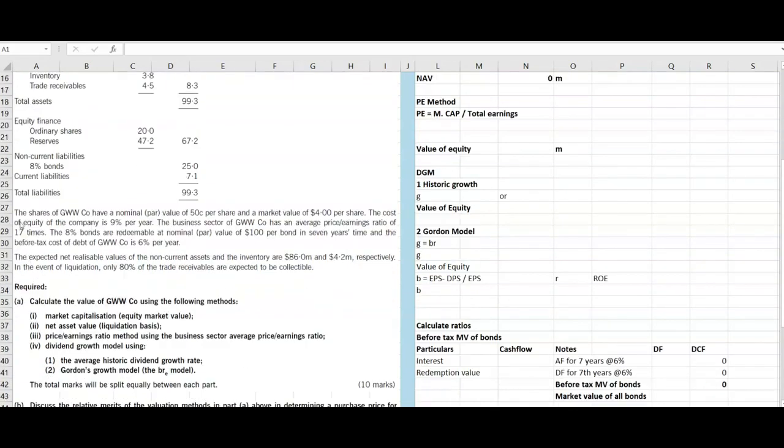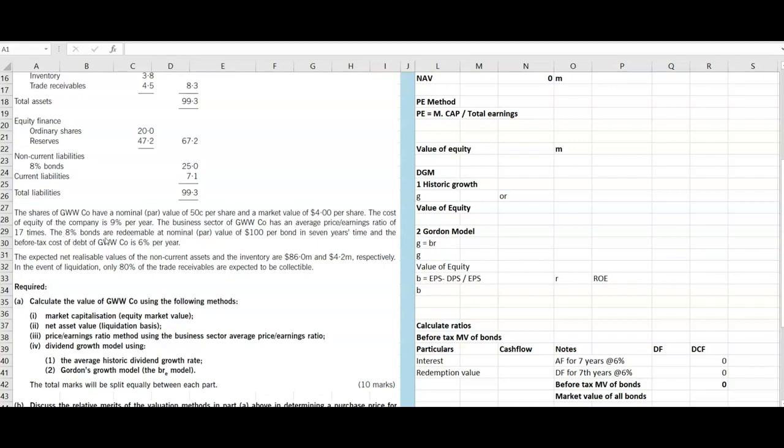So they have given a lengthy amount of information. Then they have given us the shares of GCO have a nominal value of 50 cents per share and market value of $4 per share. The cost of equity of the company is 9% per year. The business sector of GCO has an average PE ratio of 17 times.